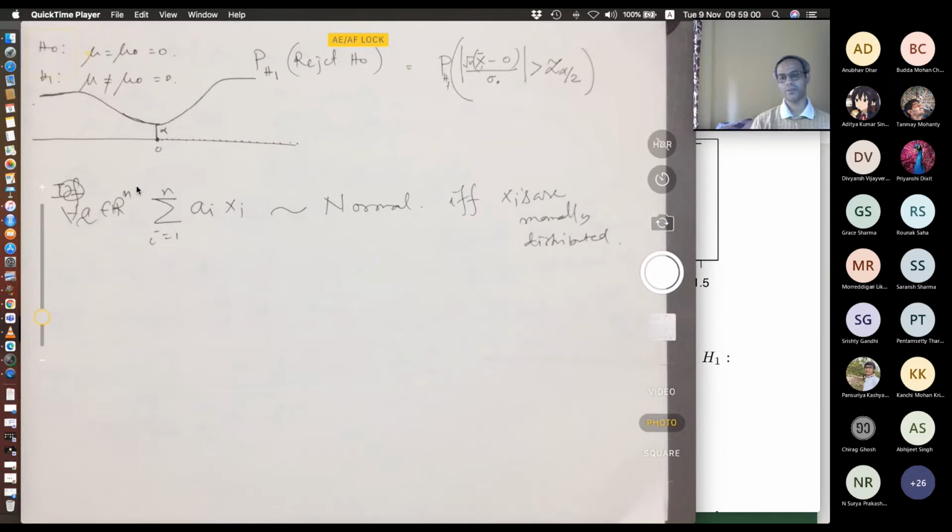So this is a unique property of normal distribution. And even though they are dependent, it doesn't matter. Their linear combination will also follow normal.